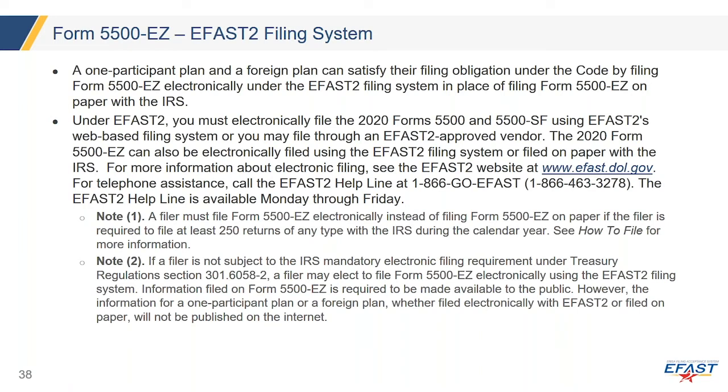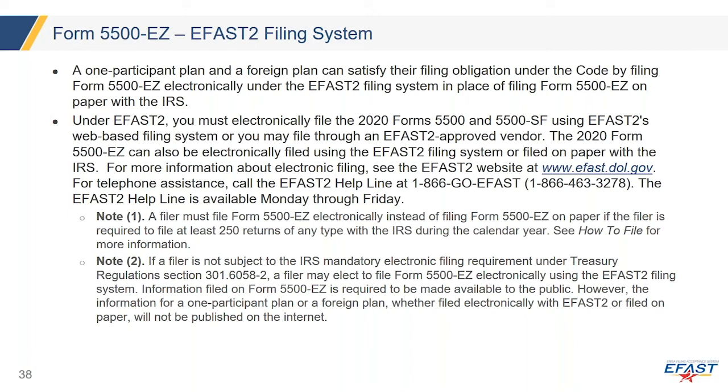I only want to mention that a lot of filers have a disclosure concern, because they think that if a plan is filed electronically, their information will probably be disclosed on the DOL website.